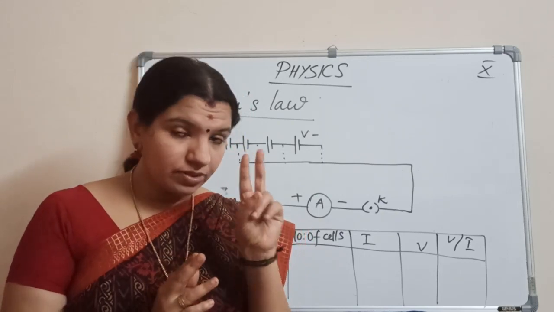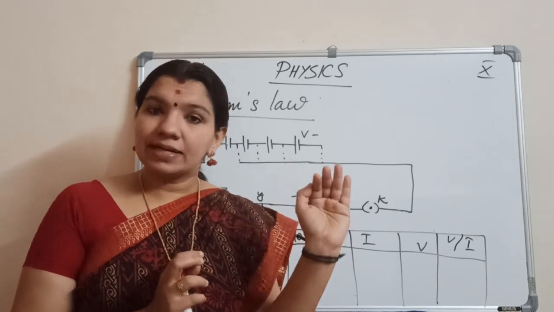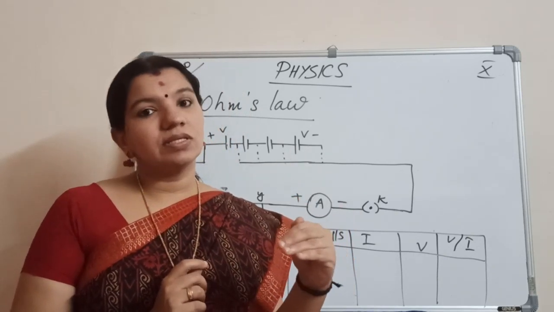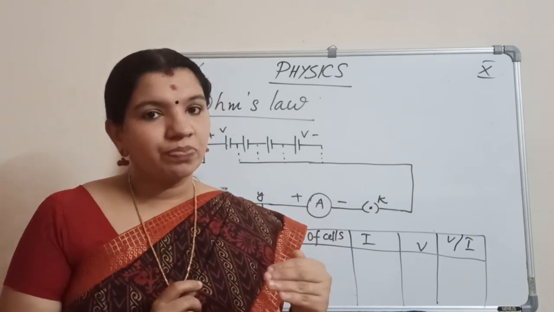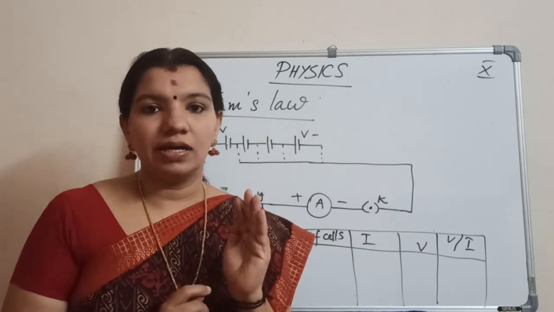We studied two main physical quantities in this chapter, electric current and potential difference. So Ohm's law gives a relationship between the potential difference V and the electric current I.